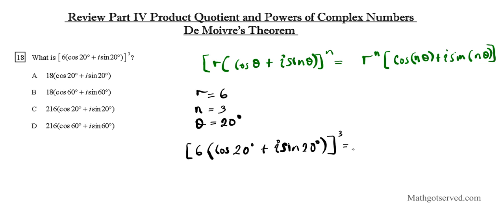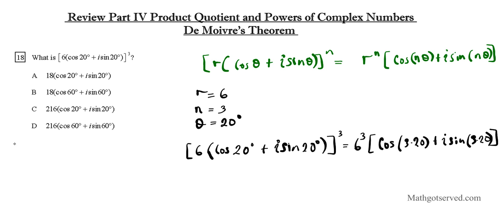So that's going to be 6 to the third, because we have the radius to the power, 6 to the n, 6 to the third, times cosine 3 times 20 plus i sine 3 times 20.